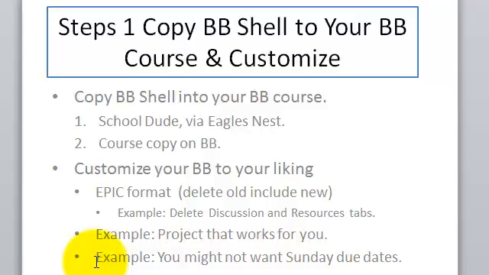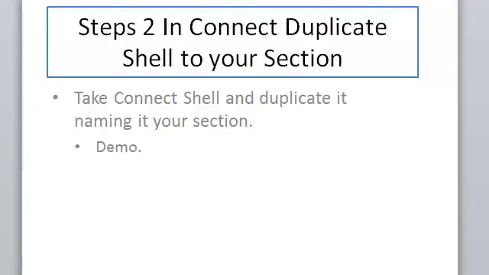If you'd like an extra tab that has a Twitter feed, or I like one that has an email Mr. Rankin tab, customize it as you see fit. So step 1, you take the Blackboard shell, put it into your course, and you customize it as you see fit. Step 2 is now you're going to go into Connect and you're going to duplicate your shell to your section.